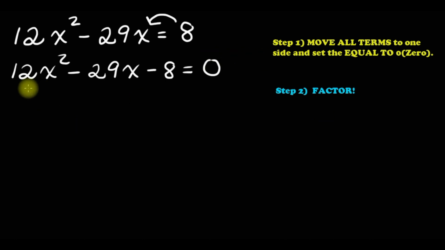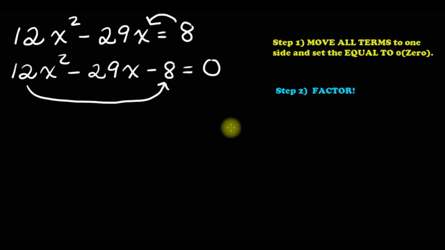Looks like we're not going to be able to pull anything out because 8 cannot go into 29, so not pull anything out. So we're going to go ahead and factor this like we did with the last 2 examples using the slip and slide method. So we're going to take A, which is 12, times negative 8.